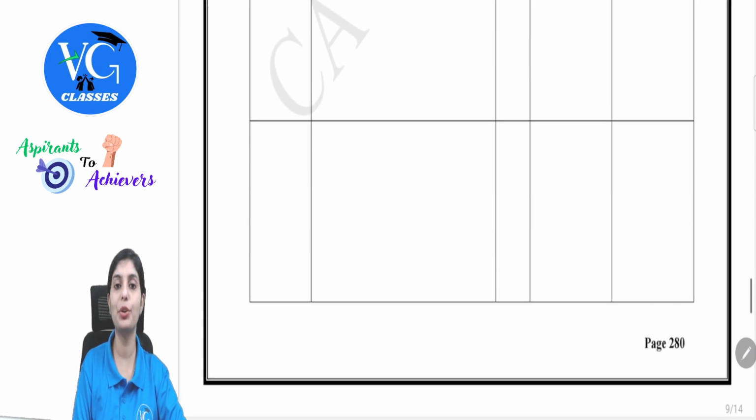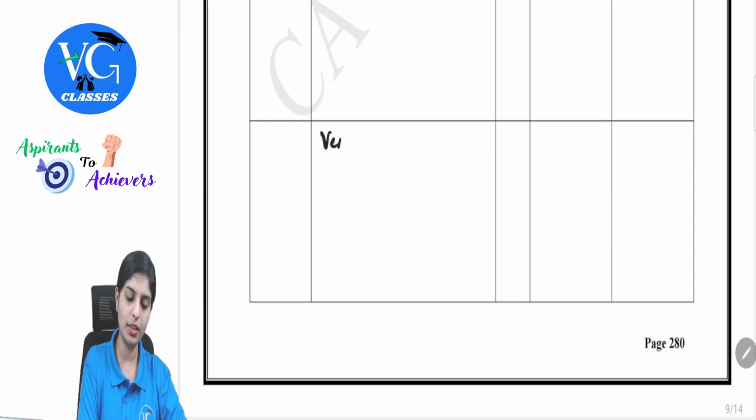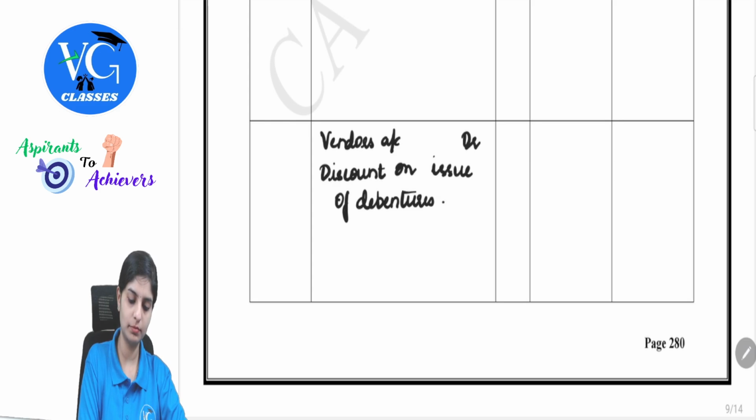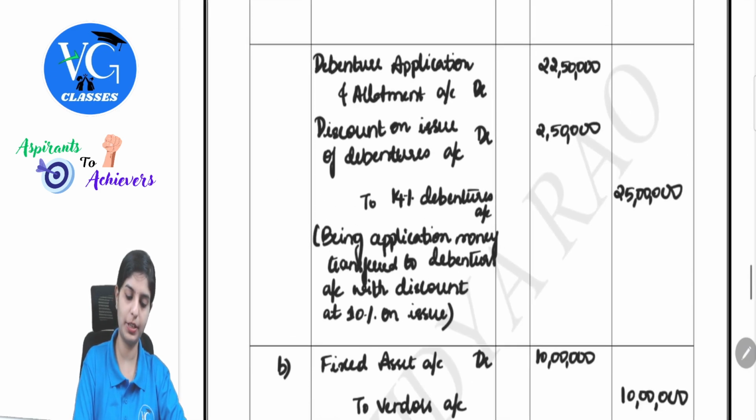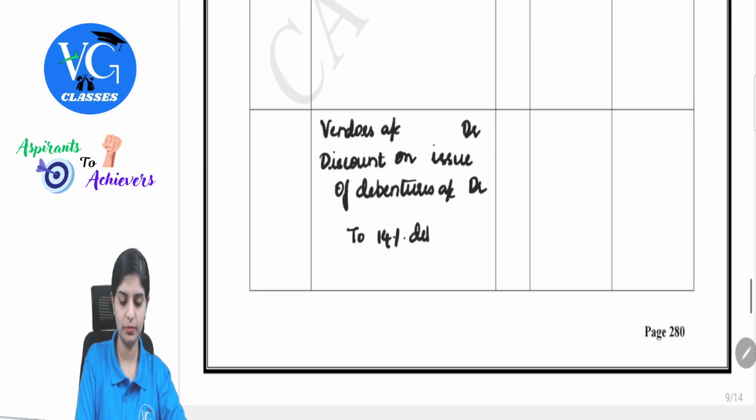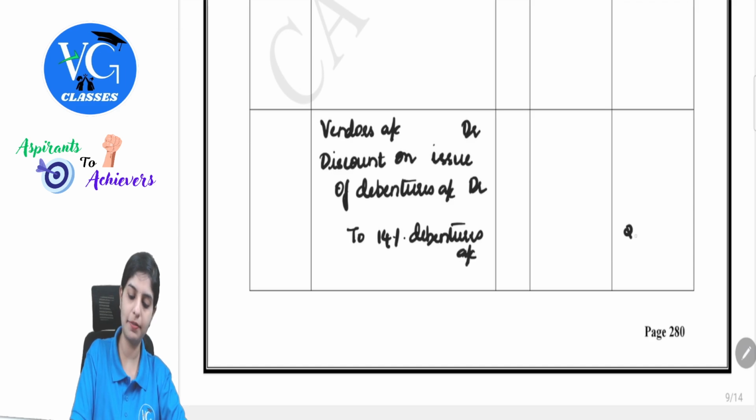Next would be to issue debentures. So vendor's account debit, discount on issue of debentures account debit to 14% debentures account. So you are now issuing the debentures. Debentures will get credited at face value, that is 12 lakh 50,000.